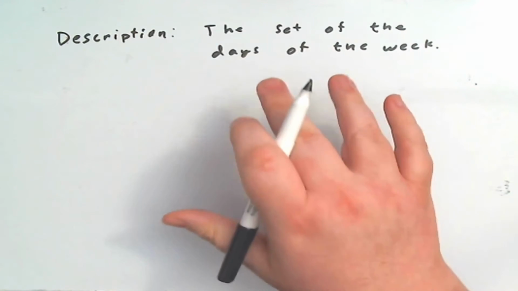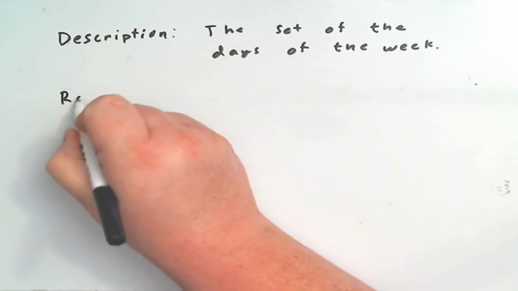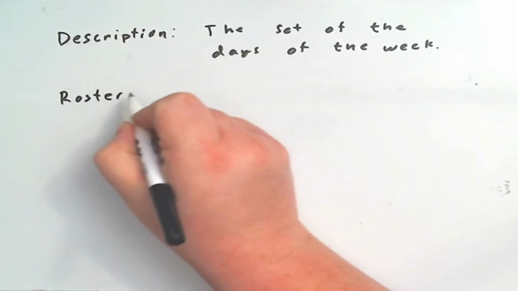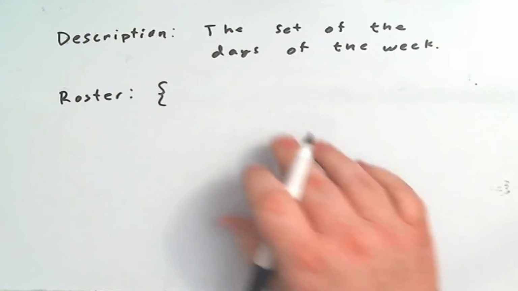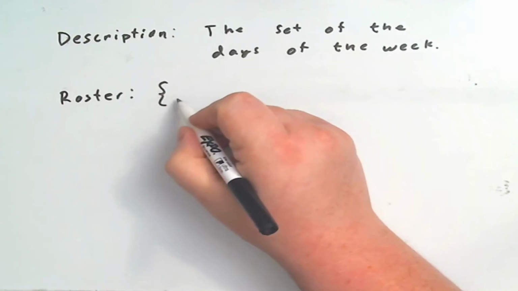Now we can also express the exact same set in roster form. Okay, so what would that look like? Well, we use the curly braces, and then we list the elements. What are the elements? They're the days of the week.